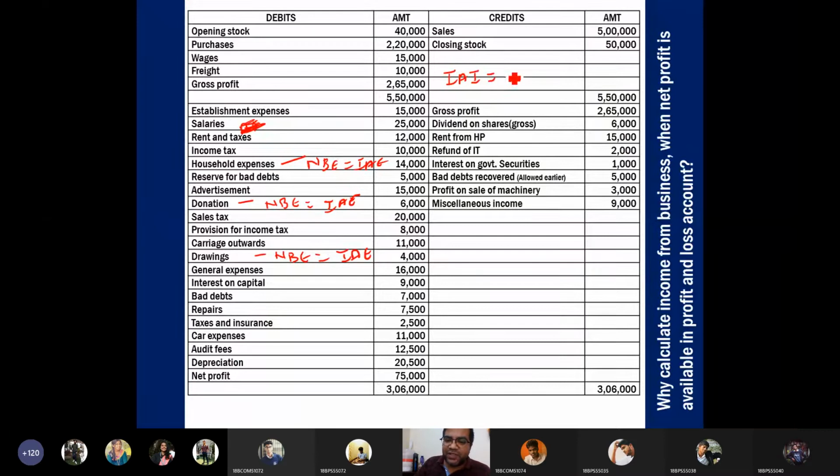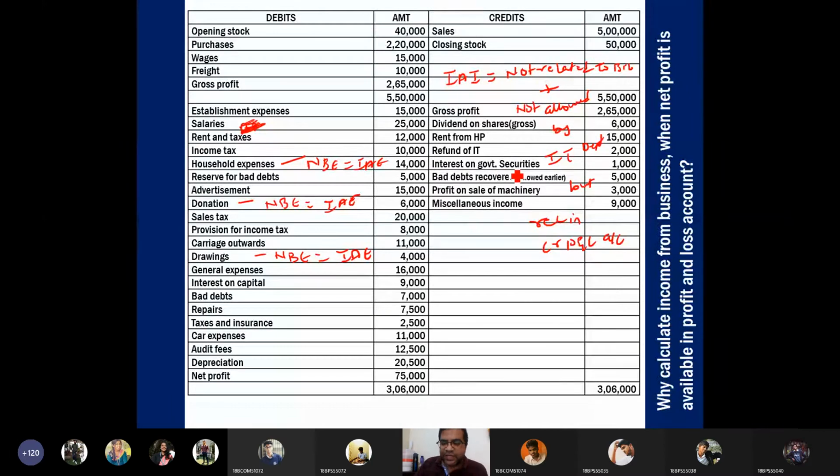Inadmissible incomes are those incomes which are not related to business, plus not allowed by the income tax department, but recorded on the credit side of the P&L account, or credited to the P&L account.